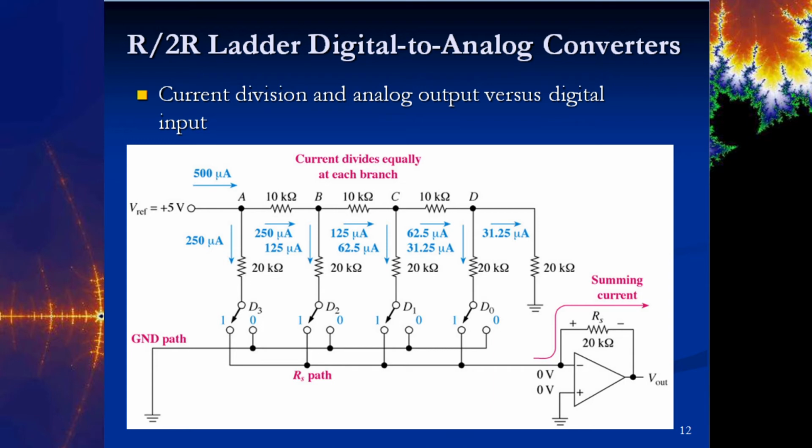He's saying that we start with a 500 microamp current coming into the node, which gets split 250 and 250, and then 125, 125, 62.5, 31.25. Depending on which of these switches is high and passes the current through, we just add those together, and that represents the digital value on these switches.